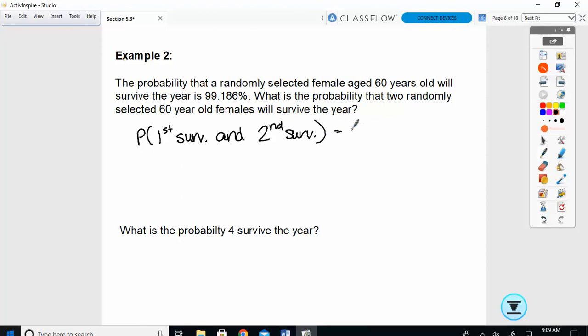So all we have to do is multiply their individual probabilities. So what's the probability that the first one survives? Times the probability the second one survives.